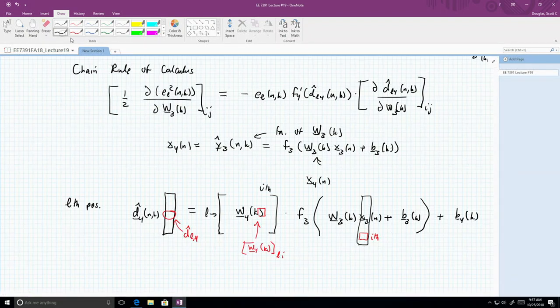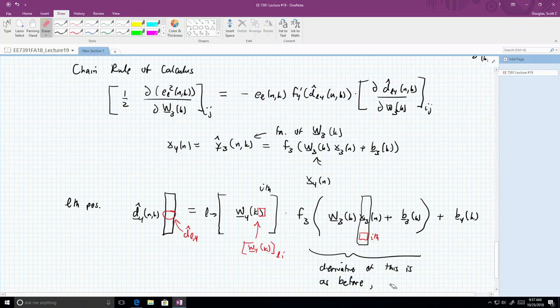But the key thing to recognize is that the derivative of this is as before, right? But for m equals 3, the third layer instead.